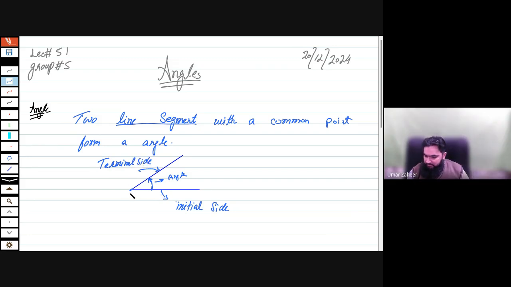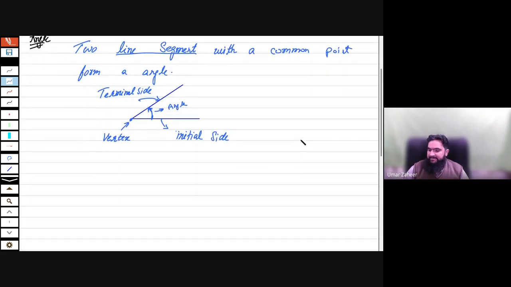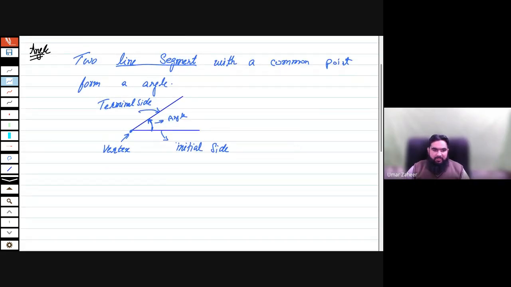And the common point between them is known as the vertex. So this is all about angles.